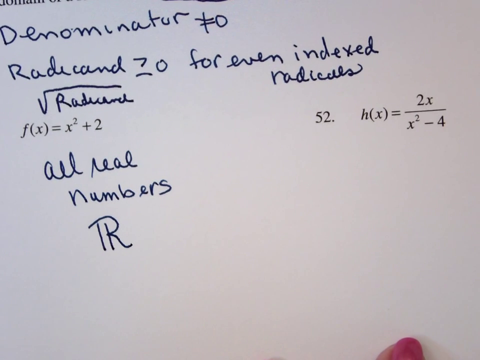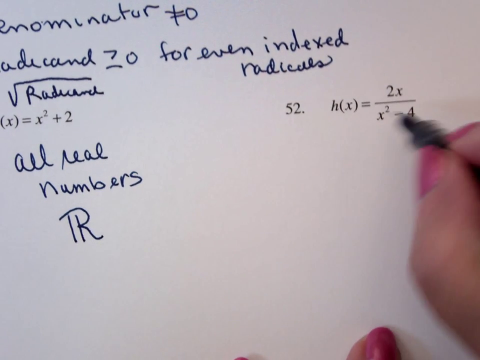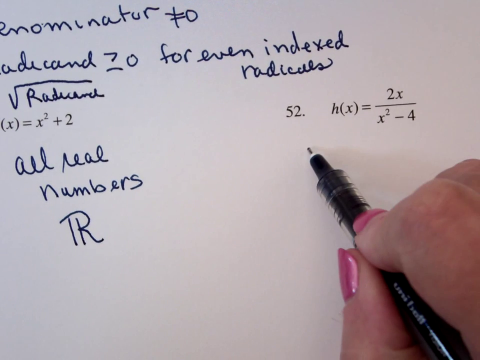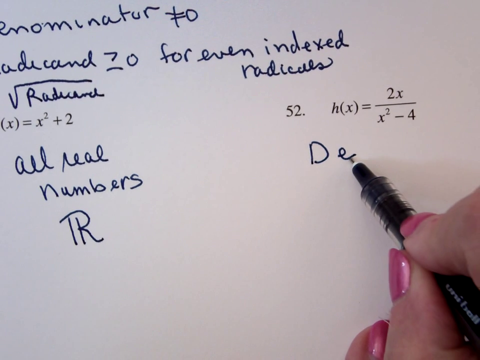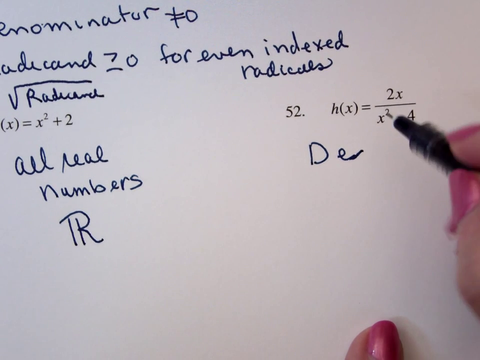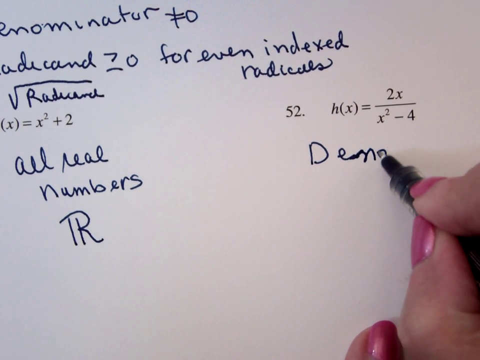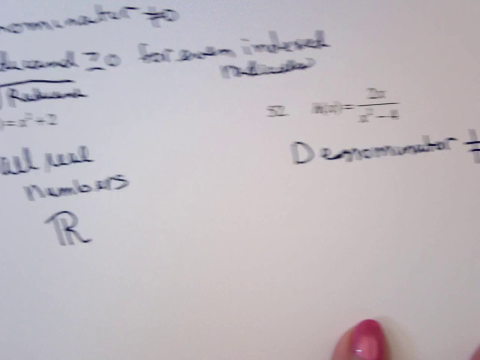Now, what do you notice about this guy? He has a denominator. So what do we know? The denominator, whatever the denominator is, this sets up your equation, it's like having a word problem. The denominator can't be 0.